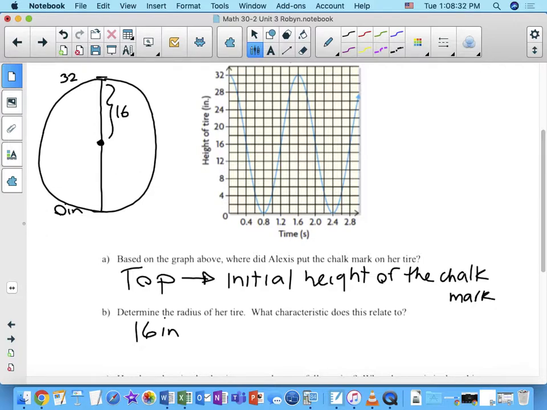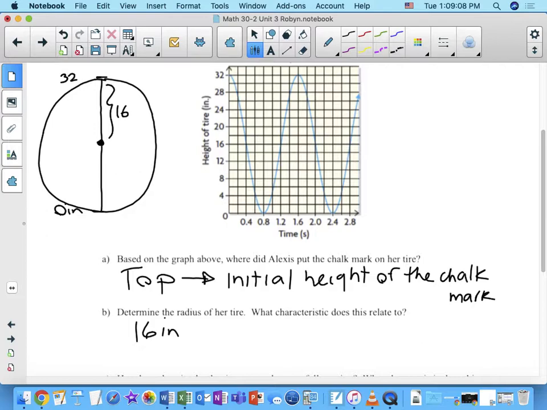If I raise it off the ground, the midline's gonna change, right? Because it's getting raised. Does that make sense? So the middle is now whatever this height is. What's the radius? Still 1.5. And the radius is from the middle to the top. What do you think that represents on the graph? The amplitude. Yes, the amplitude. And if you think about it, amplitude is defined as the distance from the middle to the top.